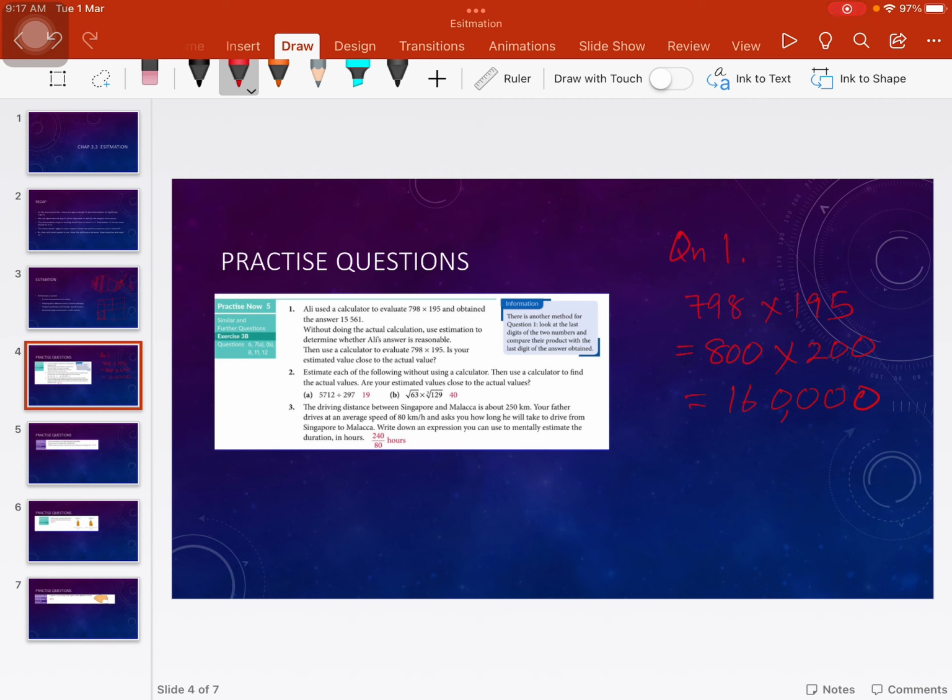So what value did he get? If you notice, what he got was 15,000 only, but what you have here is 160,000. Of course, if you use your calculator, 798 times 195, your calculator value should give you 155,610.